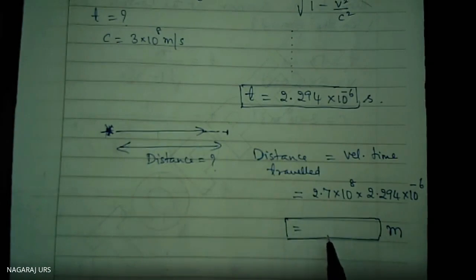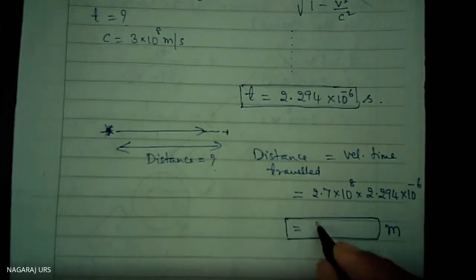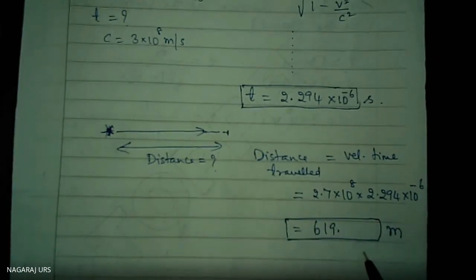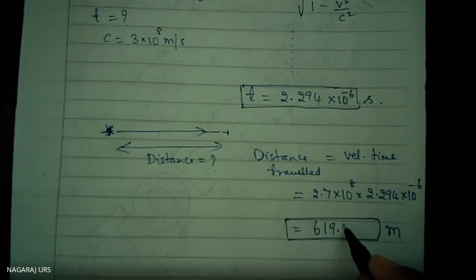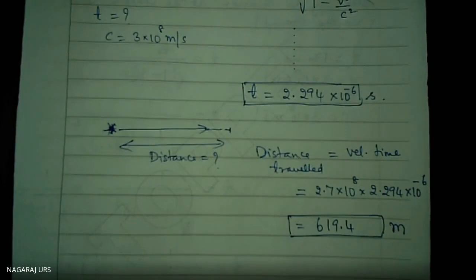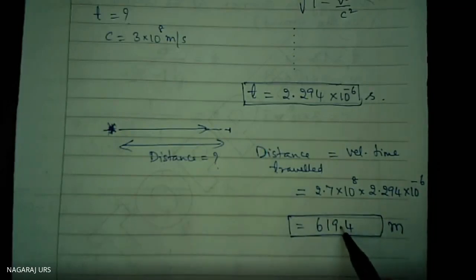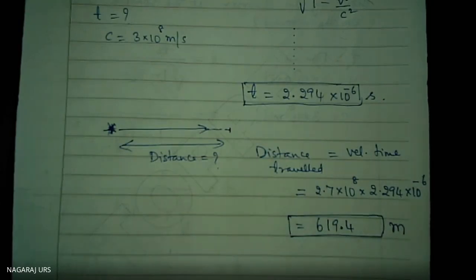The answer is 619.4 something. Okay, whatever it may be. The decimal point is here. It is 619, not 61. So you have to do the calculation carefully.